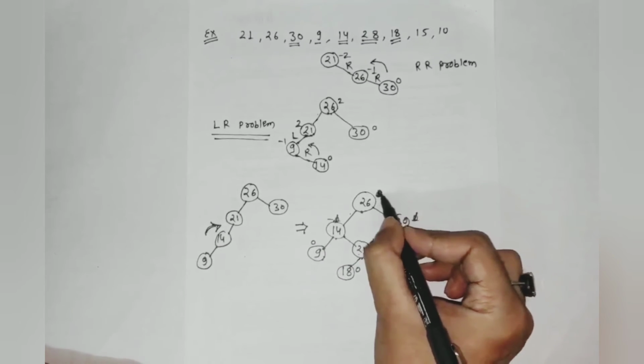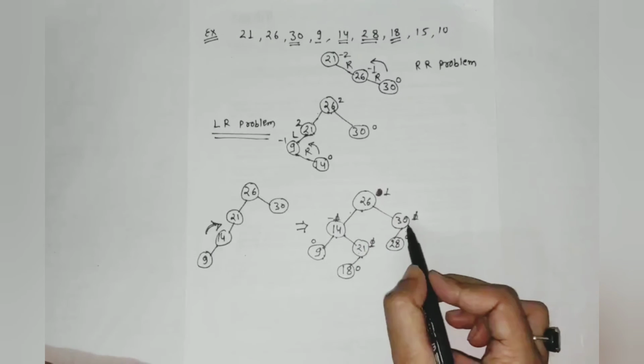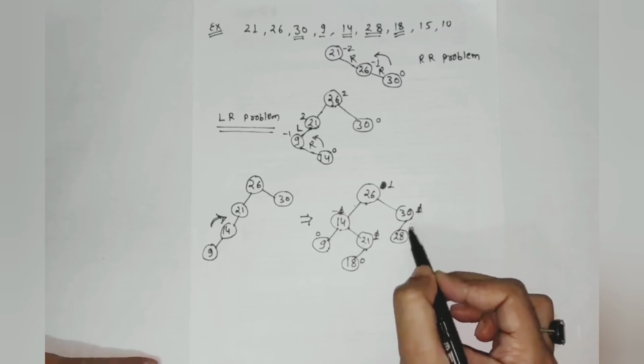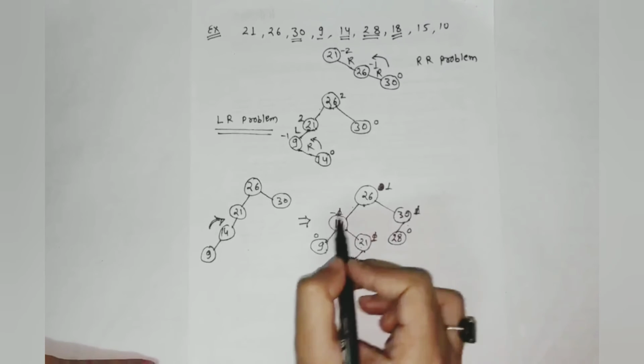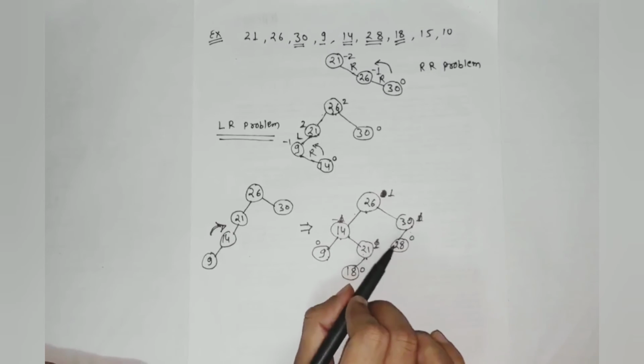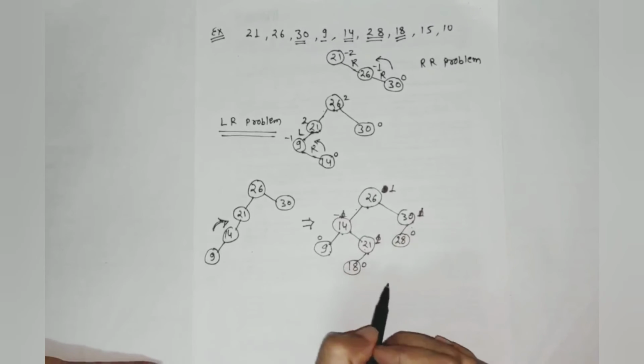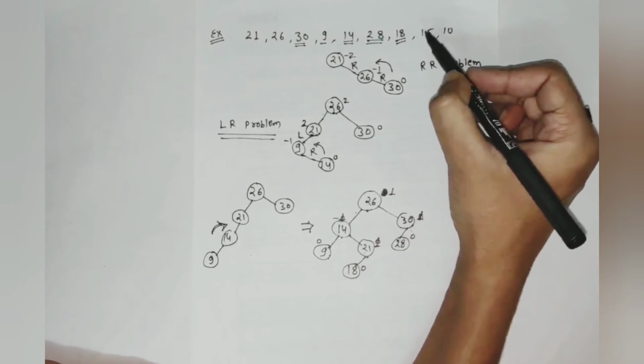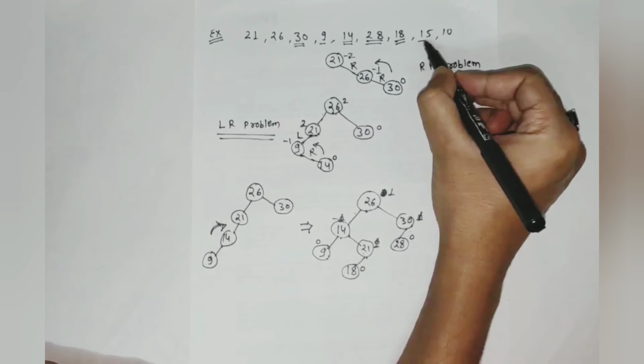So it will be now 1. Now for this node it will remain the same because 1. Okay, so here you can see currently it is an AVL tree because balance factor is 1, minus 1 or 0. After that we need to insert 15.